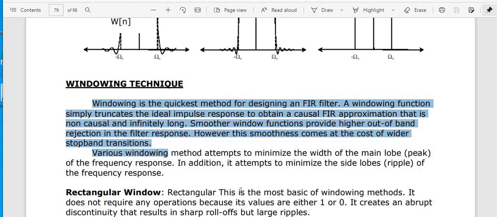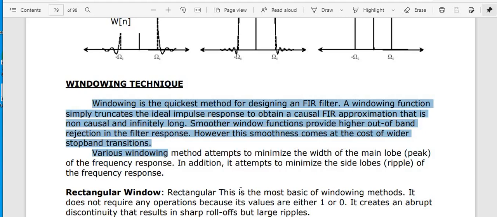Smoother window functions provide higher out-of-band rejection in the filter response. However, this smoothness comes at the cost of a wider stop-band transition. The transition must be wider in order to achieve this. Clear? It is very easy and very quick as well.